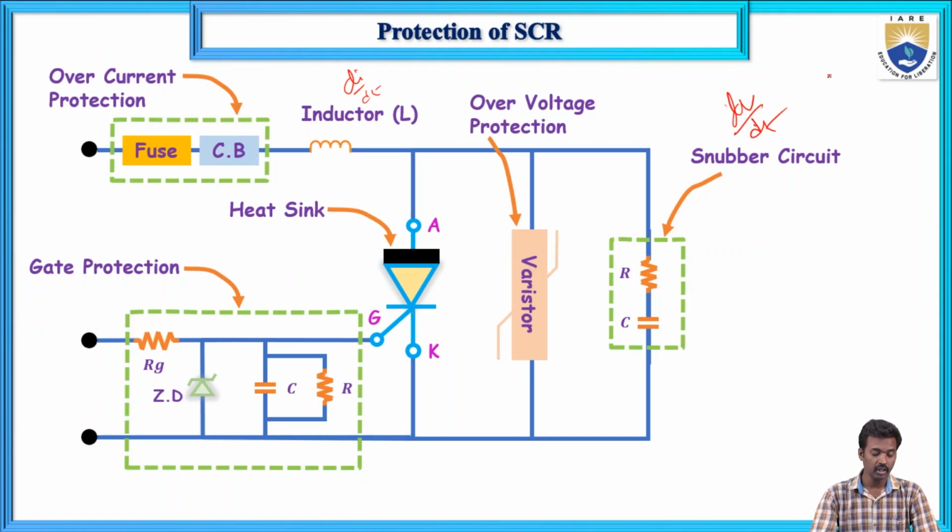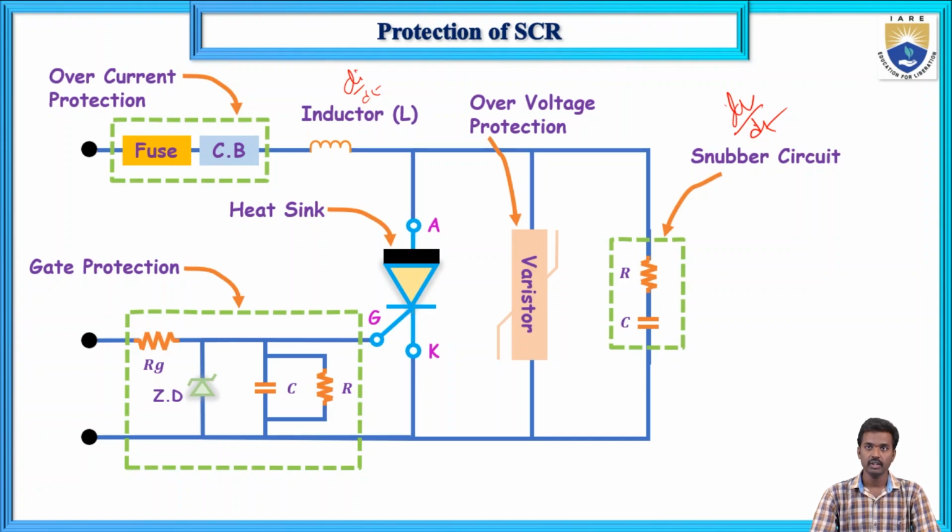And next, the Zener diode and this resistor protect the SCR from the gate side. And heat sinks are used to protect the SCR from thermal temperature. So this is regarding protection of SCR.